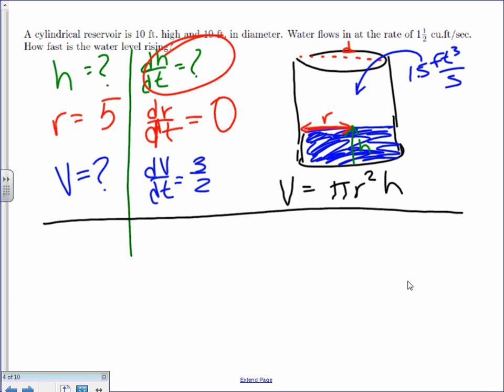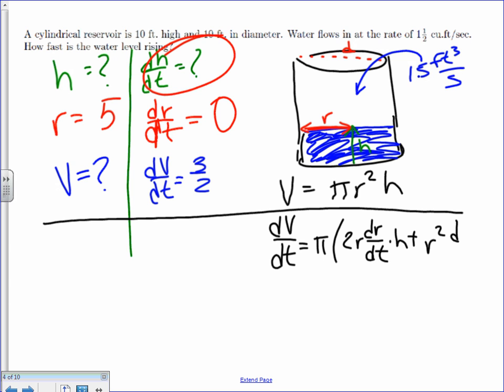Okay, so let's take the derivative. dV/dt equals pi, and then I'm going to have to do product rule with r and h. So I get 2r dr/dt times h plus r squared dh/dt. Now we're trying to solve for dh/dt, so I'm going to put a nice little box around that.